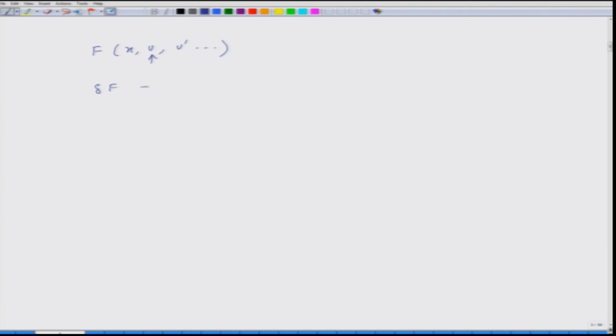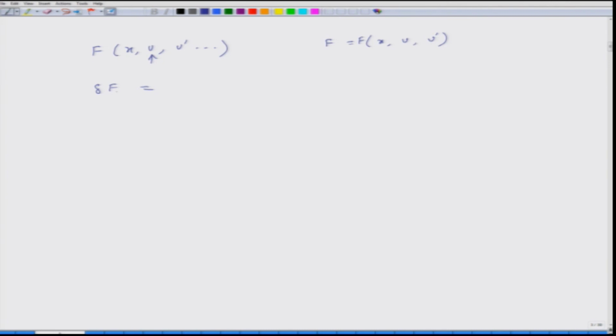And this I can calculate how? So, suppose f depends on x, u and u prime.